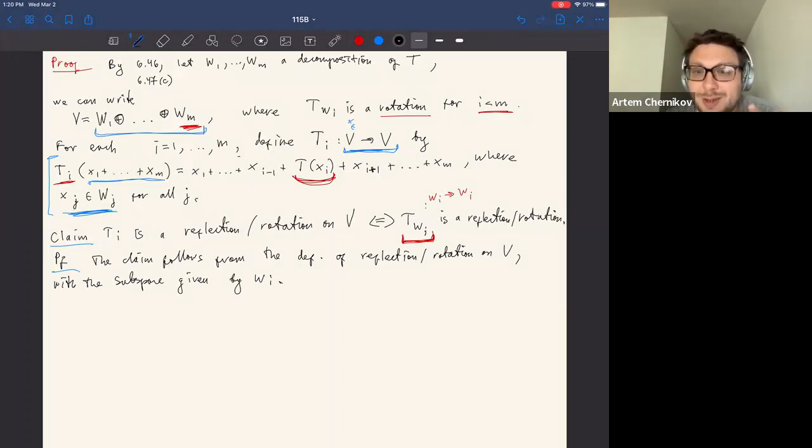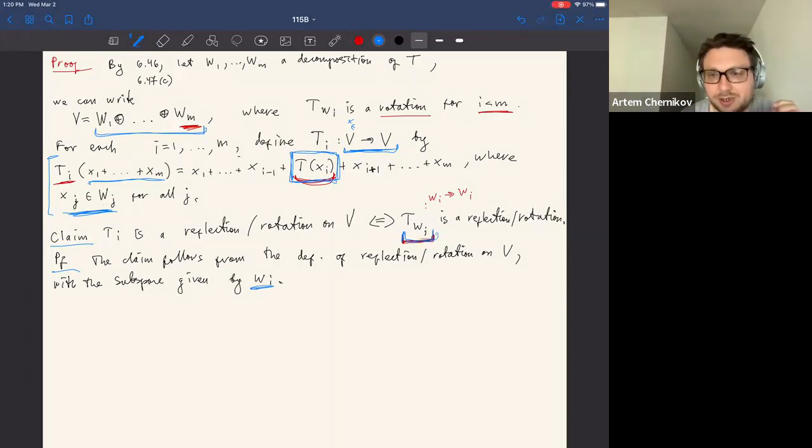Okay, but if we knew that T restricted to Wi was a rotation, then this Ti defined in this way is going to satisfy that with respect to this subspace, because when we look at the vectors corresponding to the subspace Wi, it acts exactly like the restriction.